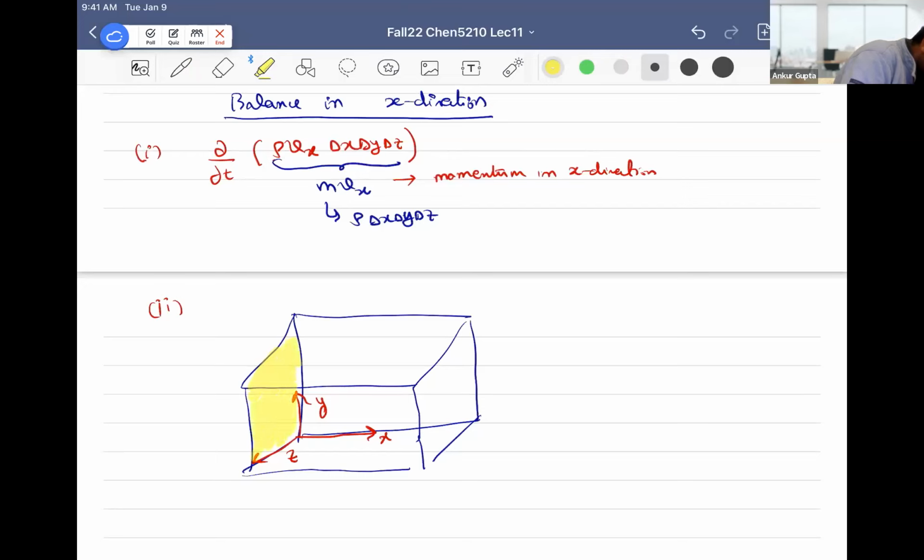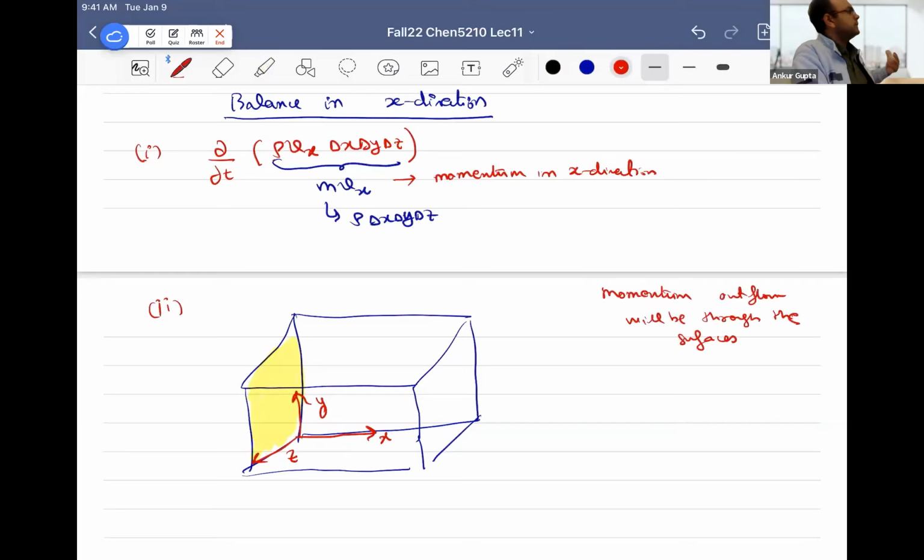Now let's focus on this surface. So first, momentum outflow will be through the surfaces. So let's just write it. Momentum outflow will be through the surfaces. Great answer, because you can think of it as a surface. So we are not thinking of a volume now, we're thinking of a surface. So how do I even think about that?